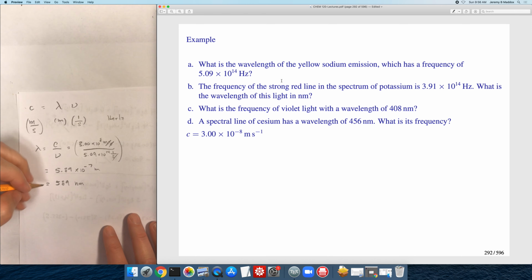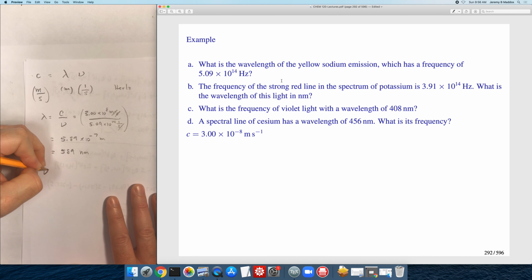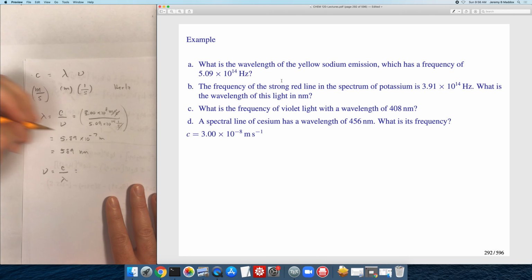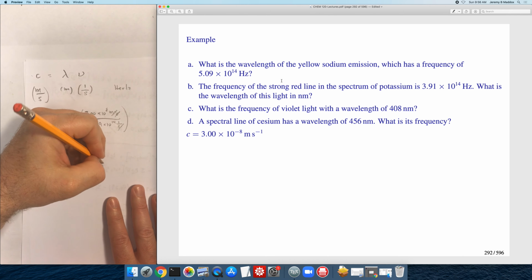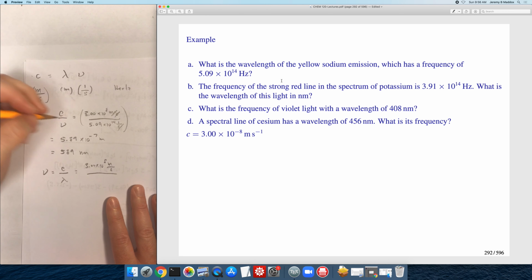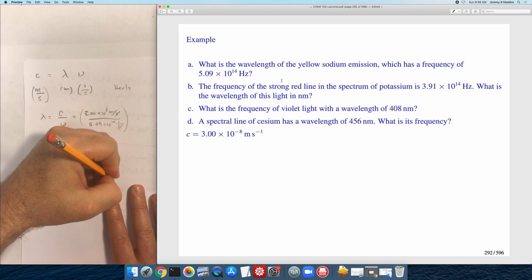Part C is the opposite. We are being asked to calculate the frequency for a particular wavelength. So we need to rearrange the equation in a different way. We need to solve for the frequency, which is c divided by lambda. In this problem, we'll take the speed of light and divide that by this wavelength, 408 times 10 to the minus 9 meters.